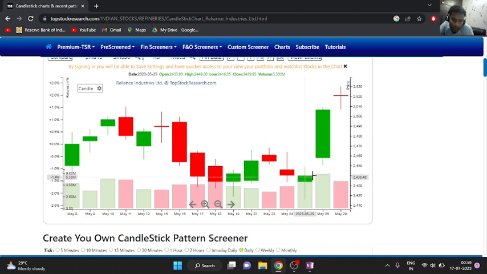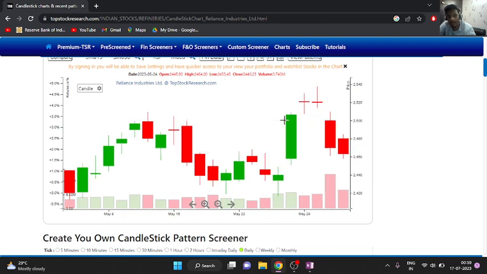It opened up here, closing up here, but next day, if I see 26th, it opens up here. It closes at 2439, opens at 2457. Very good. And it closes at 2505. This is how you do the trend analysis.